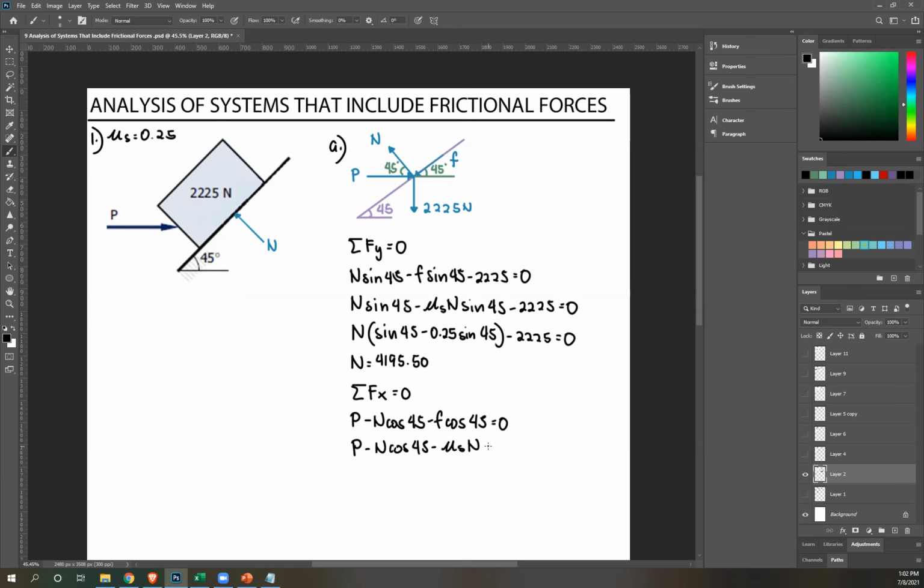So mu s n cosine 45 equals 0. N is 4195. Okay, store that. Mu s is 0.25. So we can solve for P. Solving for P, you should get 3,708.33 newtons. So that's part A.